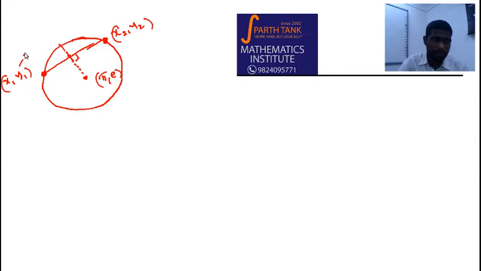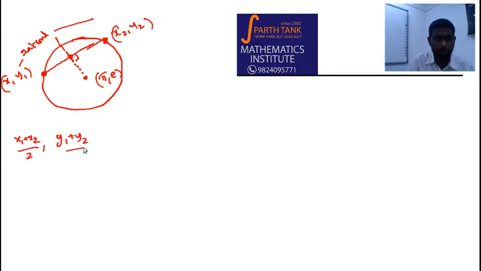Let us say both are rational points. This is also rational, this is also rational. Now what will be the line perpendicular to both and passing through the midpoint? So this midpoint is (x1 plus x2 by 2, y1 plus y2 by 2).